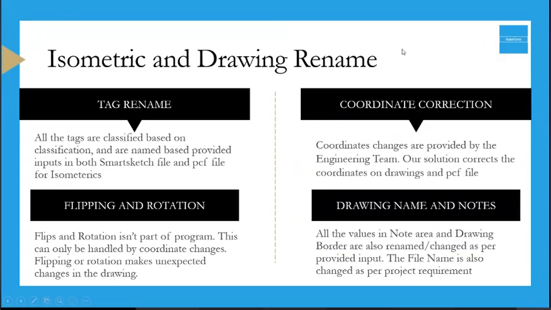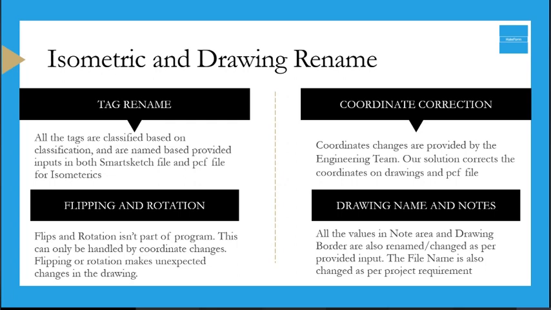So the first one is isometric and drawing duplication. This has four key areas. Please understand that once we duplicate our isometrics or drawings, we will not have any link forward from these duplicate drawings or ISOs to the duplicate train or original train.